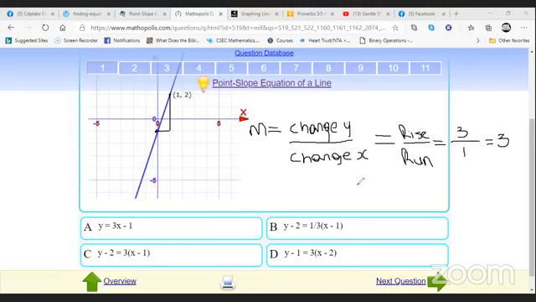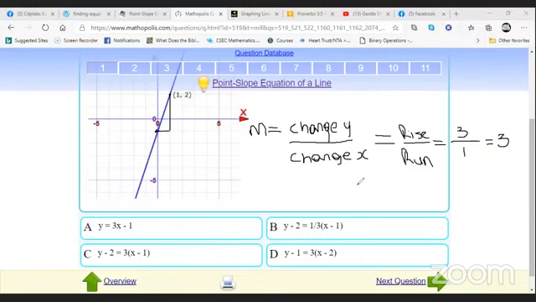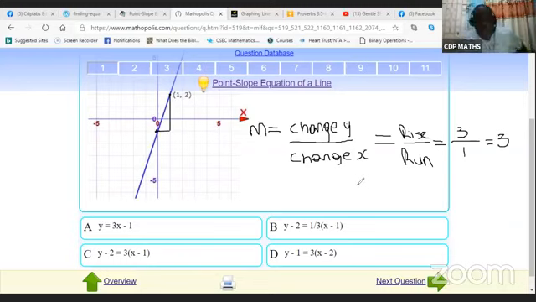And what is the known point according to the graph here? 1 comma 2. Good. Don't be afraid, man.